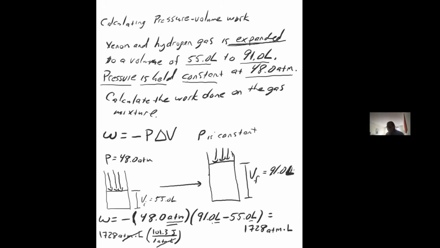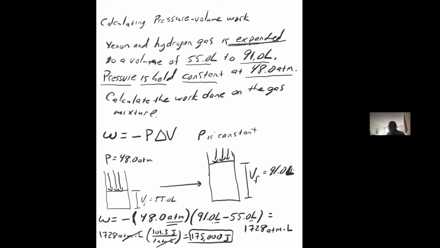Okay, so 1728 times 101.3. Now you get this really big number, 175,000. Okay, and then we would be in joules. So that's a big enough number that we would really want to cut that down somehow.